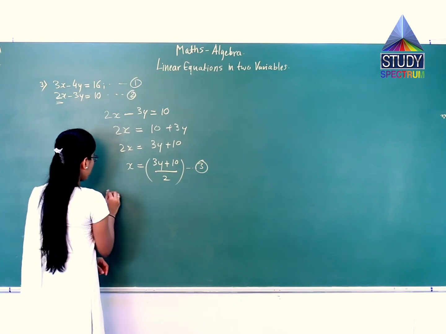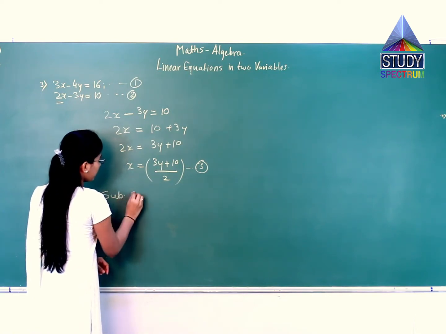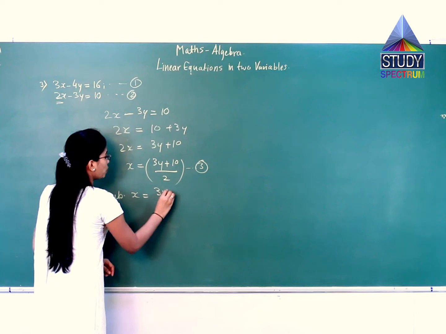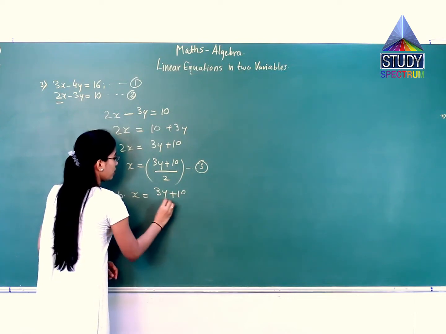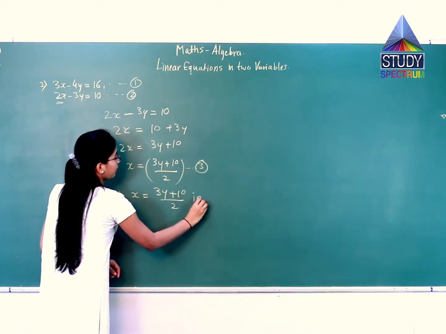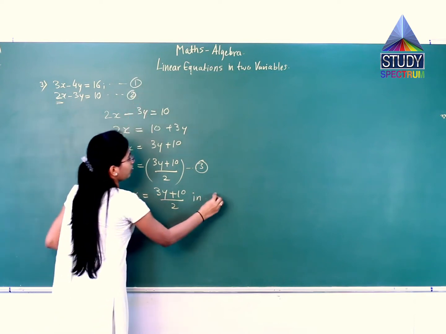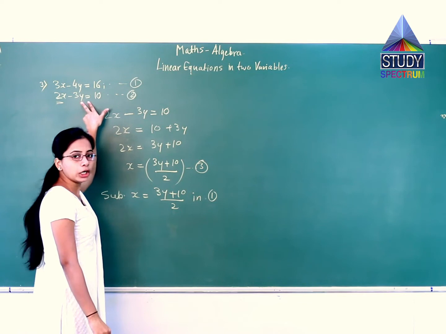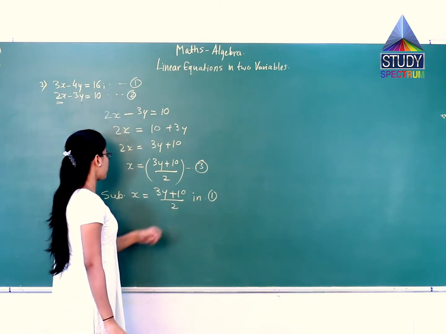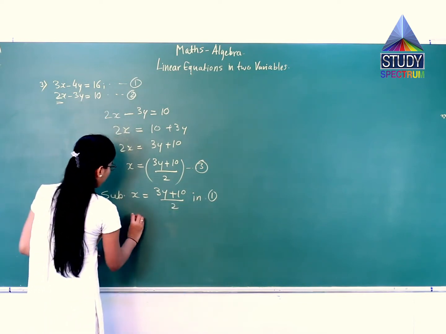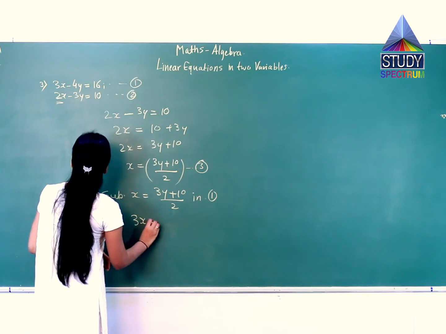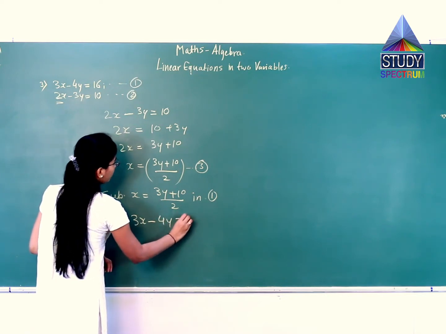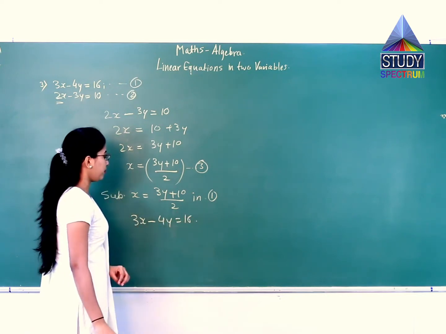So let us substitute. So substituting x is equal to 3y plus 10 upon 2 in equation number 1, because we have derived equation number 3 by using equation number 2. So we will substitute in equation number 1. So equation number 1 is 3x minus 4y is equal to 16.